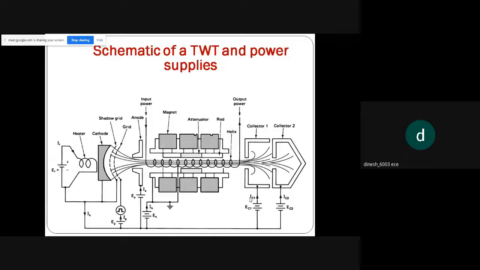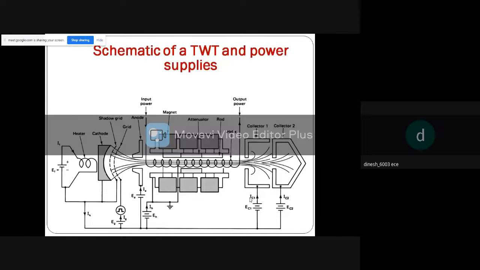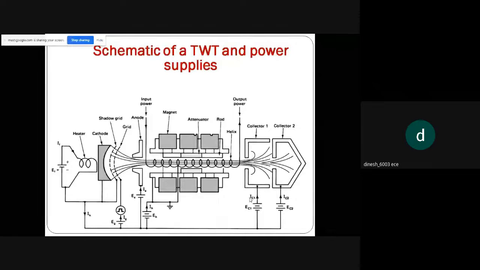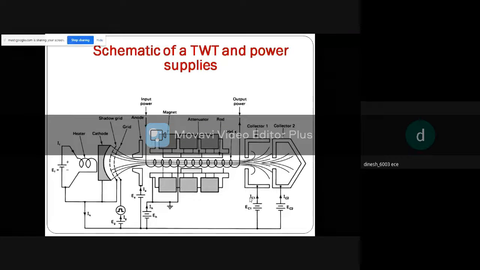So this is a schematic of a traveling wave tube and power supplies that is used in satellite. Okay, so this traveling wave tube is similar to what you are studying in your microwave engineering. So that traveling wave tube is fed in the satellite for efficient power supply.